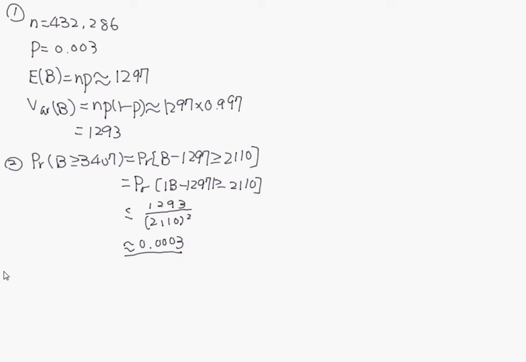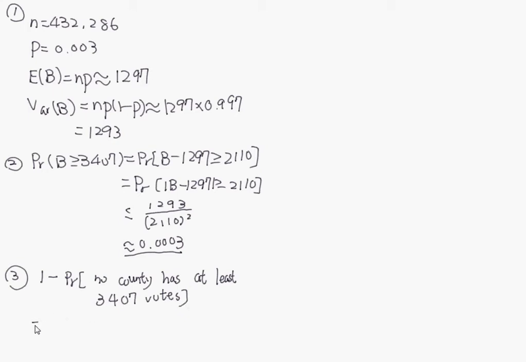For the third part, the probability that at least one county has 3,407 votes is 1 minus the probability that no county has at least 3,407 votes.